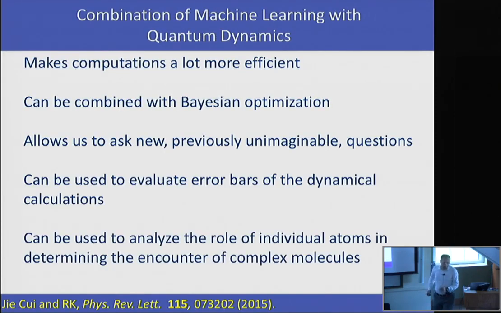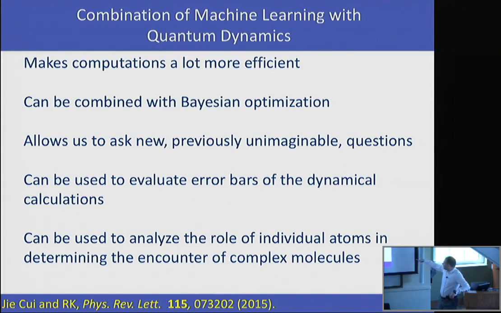Let me just say a few things in the conclusions. I believe that the combination of machine learning with quantum dynamics, first of all, makes computations a lot more efficient. I showed you that it can be combined with Bayesian optimization, which is a very efficient method of optimizing complex functions and functionals. It can be used to evaluate error bars of the dynamical calculations in the proper way.